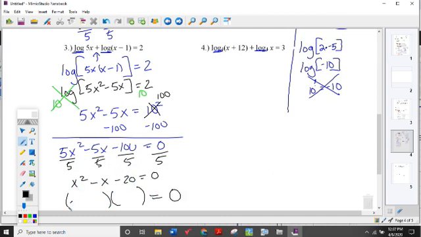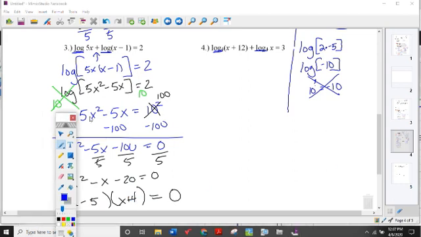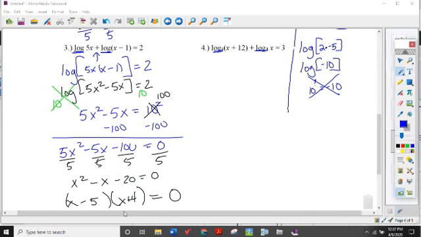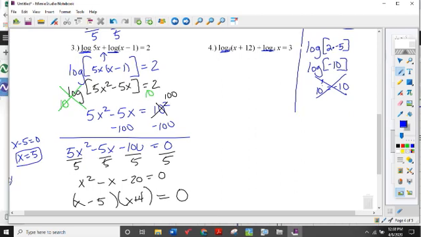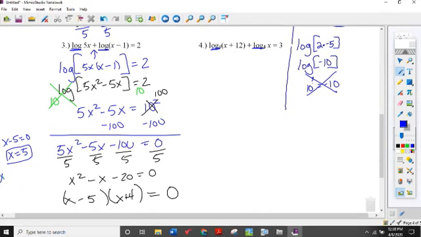What are the factors of 20 that would add to give me -1? Then I set each of these equal to 0 and solve them. So 5 is a possible solution. -4 is a possible solution.